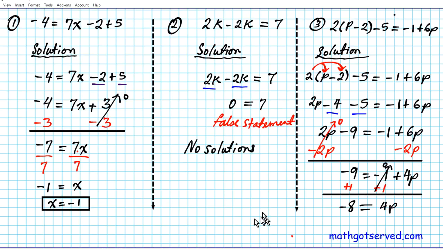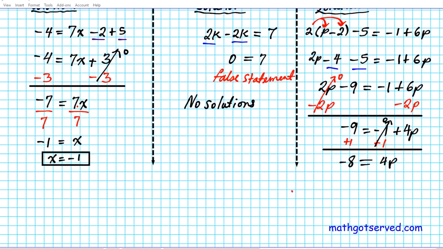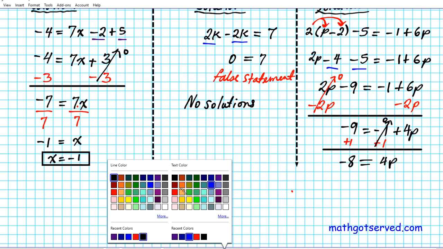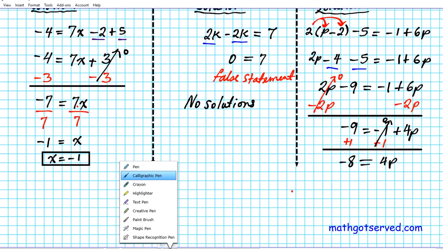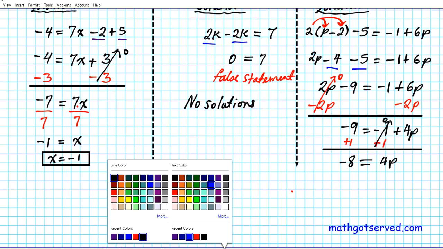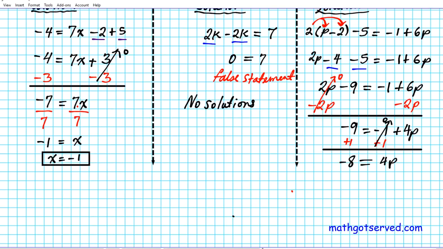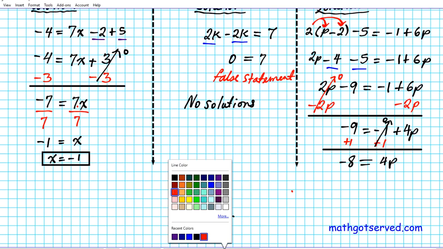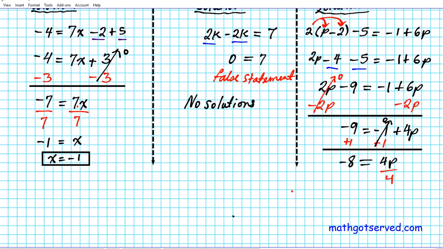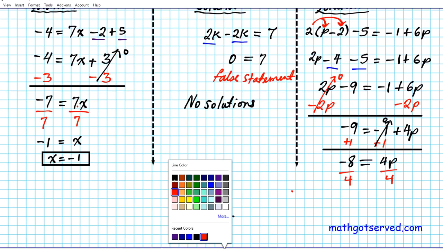Now the last step involves getting p by itself. We'll divide both sides by 4. If we divide both sides by 4, that will undo the 4 in front of p there. So let's go ahead and do that. Divide by 4 and divide by 4. And what does that give us?